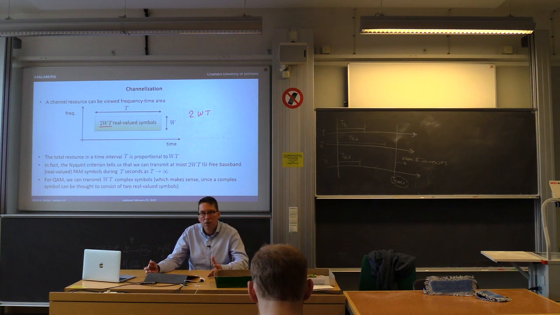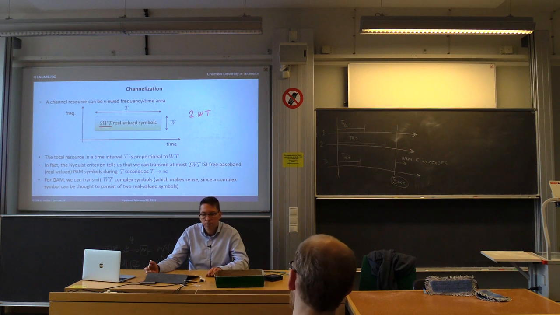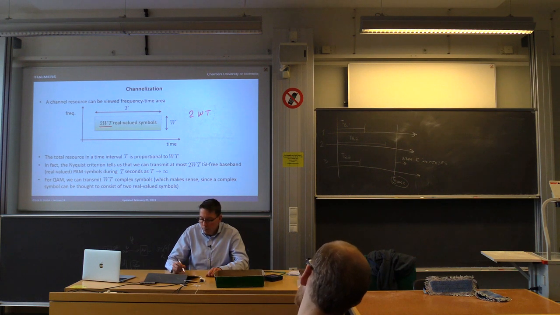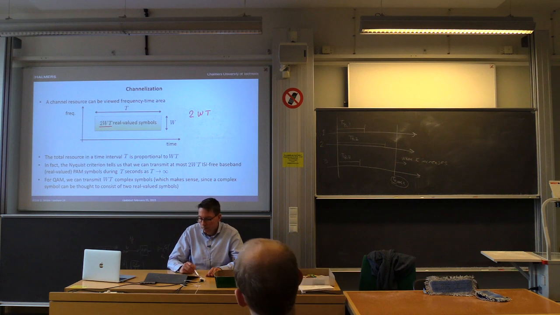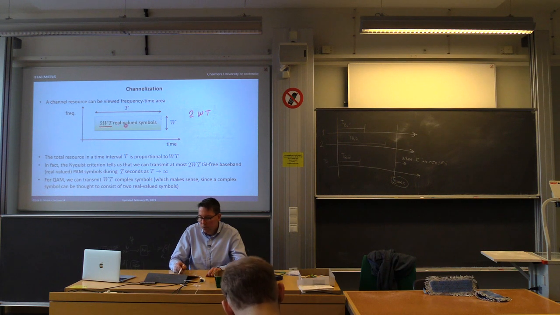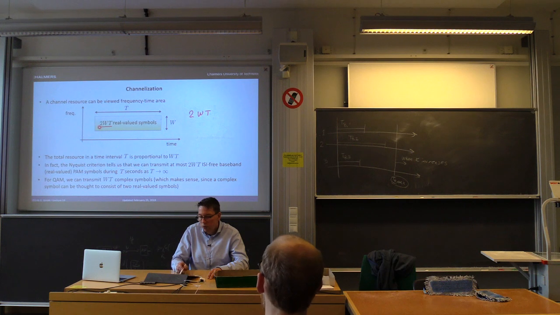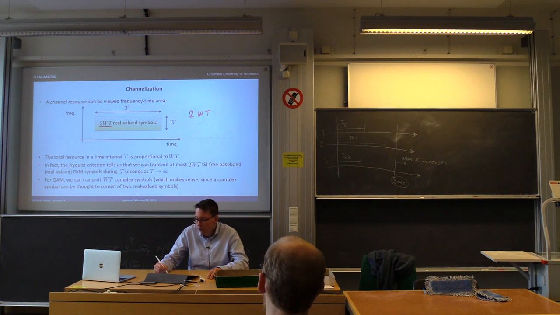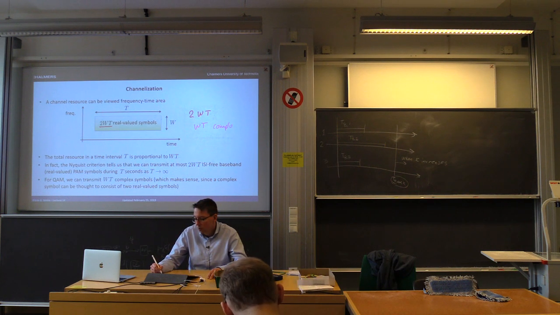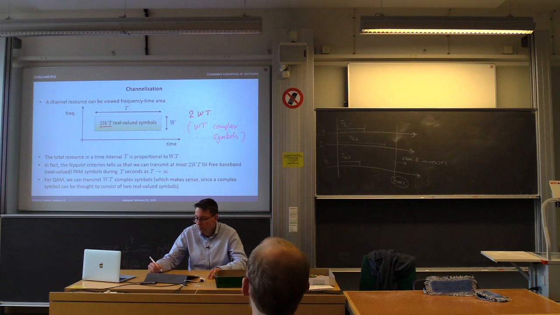But at the end of the day, it's 2WT. And this is for real-valued symbols. If we want to do QAM, where we have complex-valued signals, we basically use 2 real ones, and then if it's complex, we can transmit WT complex symbols. But for the simplicity of this discussion, let's talk about real-valued symbols.